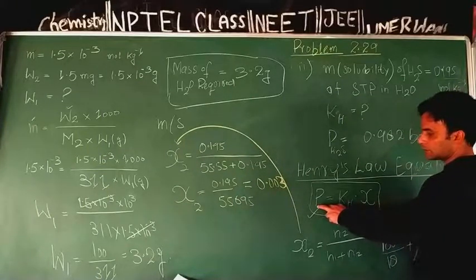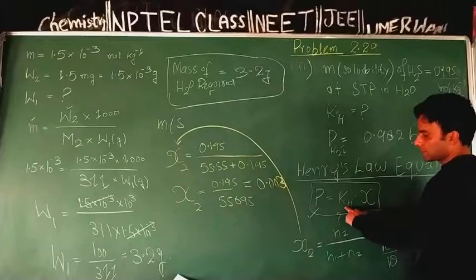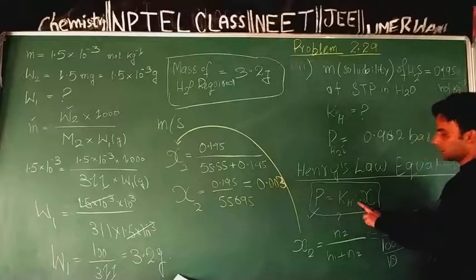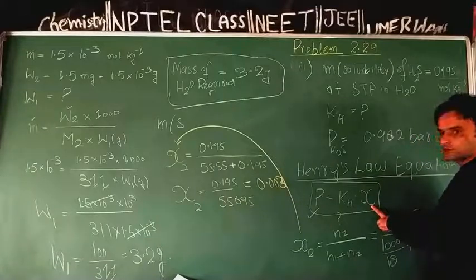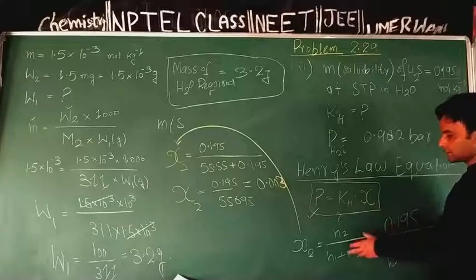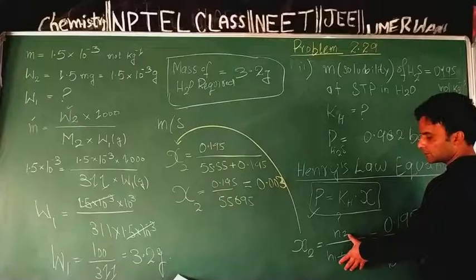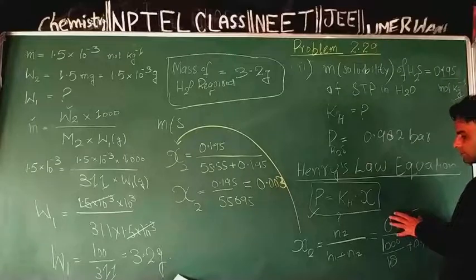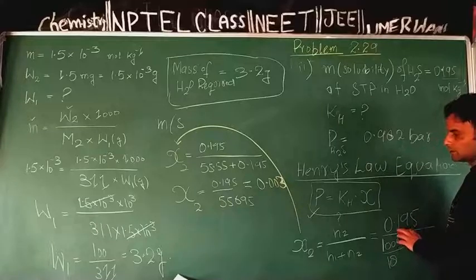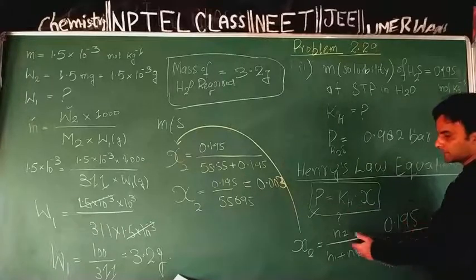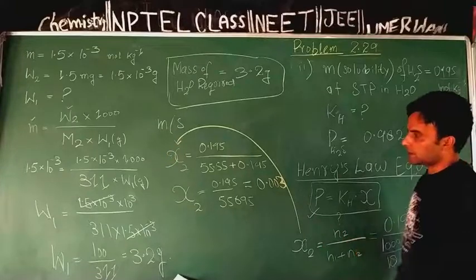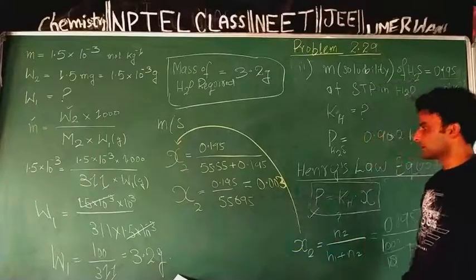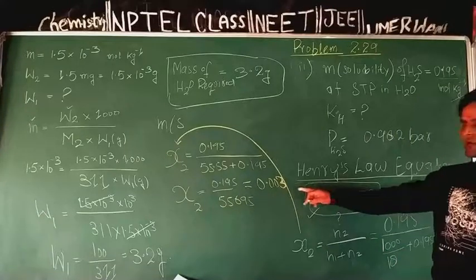Partial pressure was a known parameter, Henry constant was the parameter that I need to calculate, and mole fraction was a needed parameter. First I had to determine the mole fraction of hydrogen sulfide. For that I used the idea of mole fraction, the ratio of number of moles of solute and number of moles of solution. Number of moles of solute and solvent I got from the definition of molality, and after substituting, I got that the mole fraction of hydrogen sulfide gas in solution is 0.003.